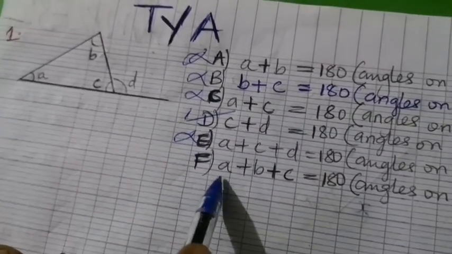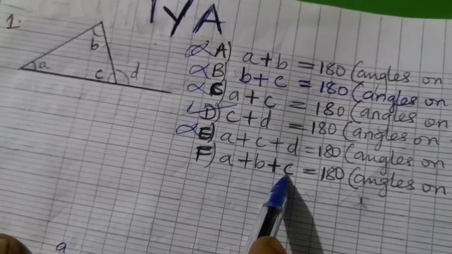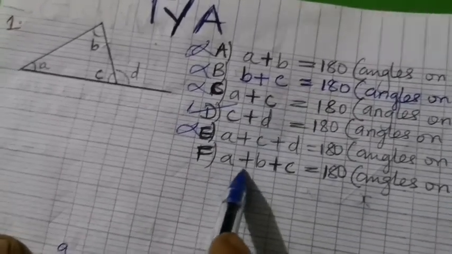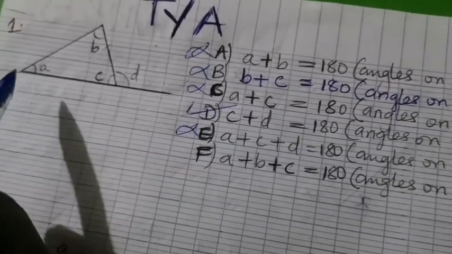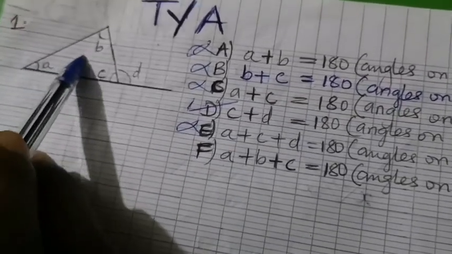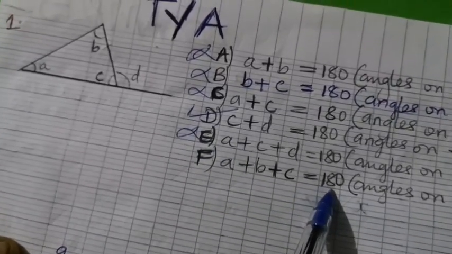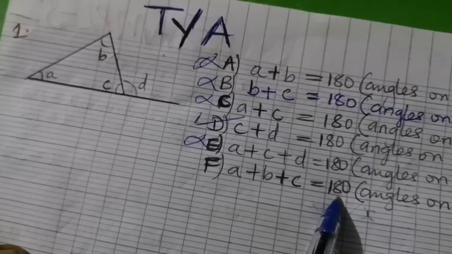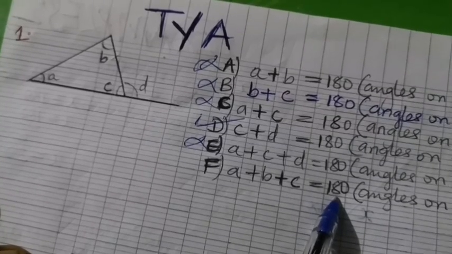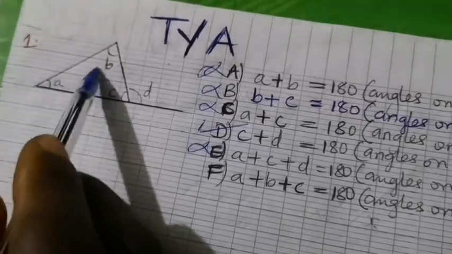Now we have another one, A plus B plus C. Let's check it. A plus B plus C is equal to 180 degrees. Actually, we have what we call the sum of angles in a triangle.